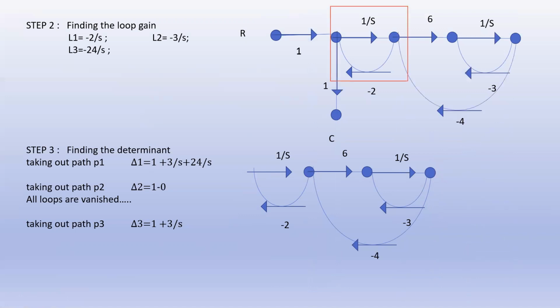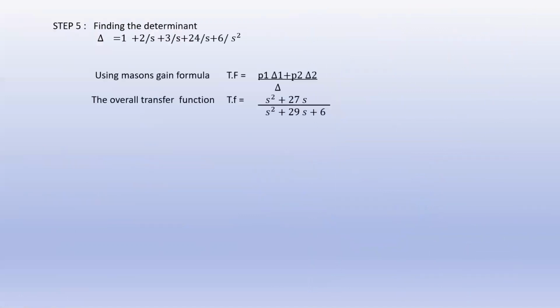So if we do that, we have 1 minus of minus 2 by s, the first loop, and minus the second loop, and the third loop we have 24 by s.